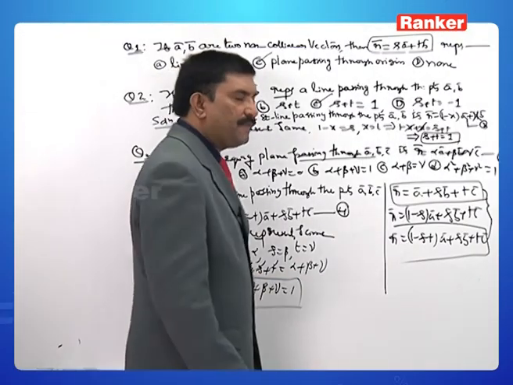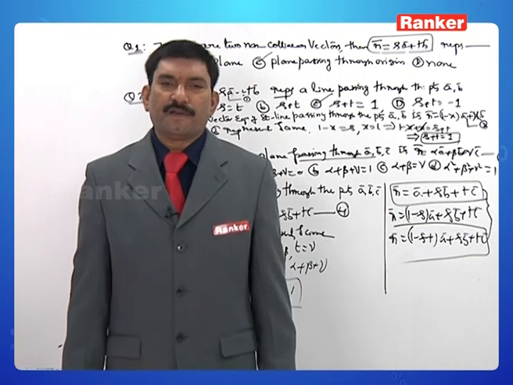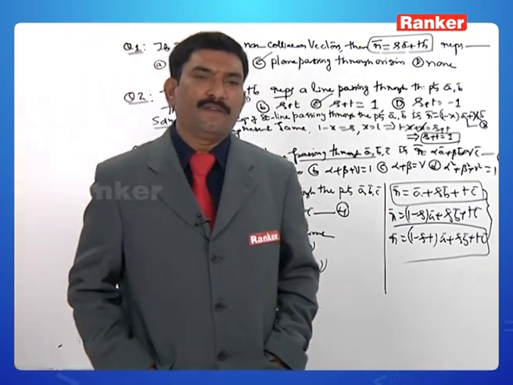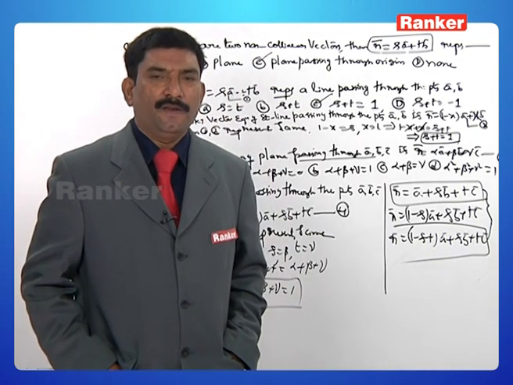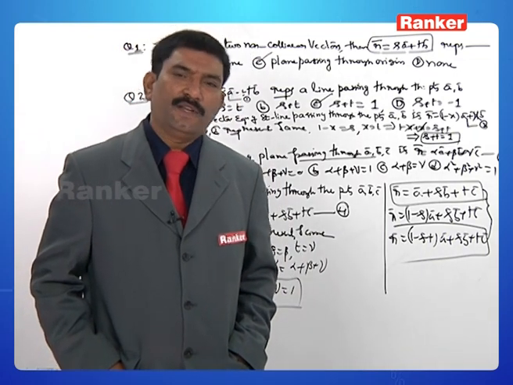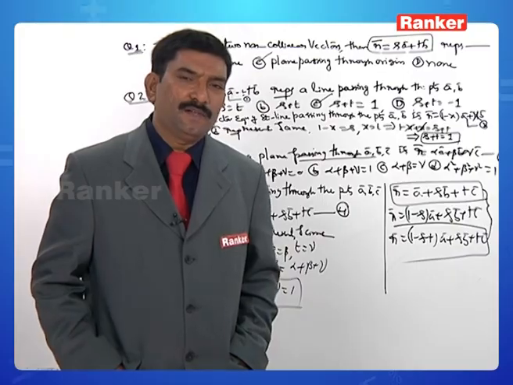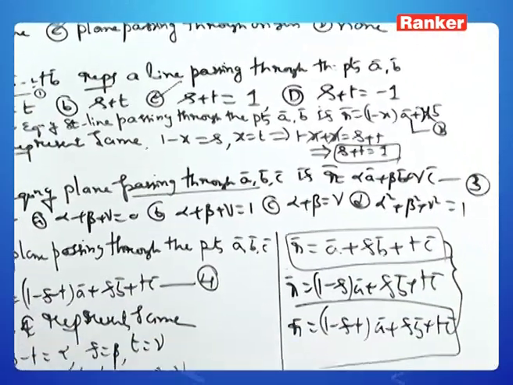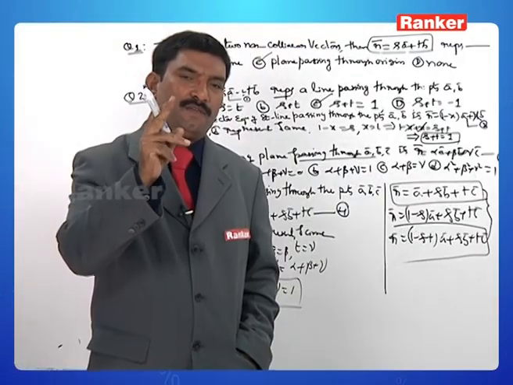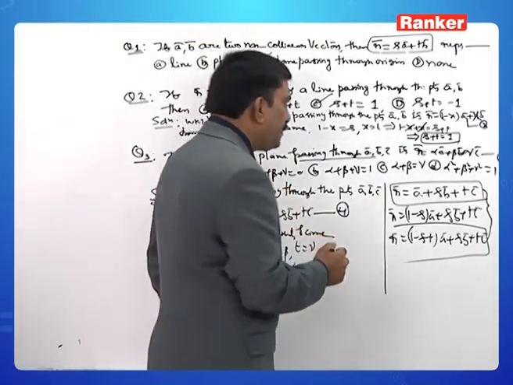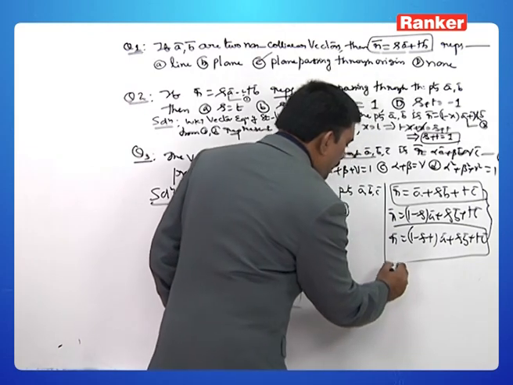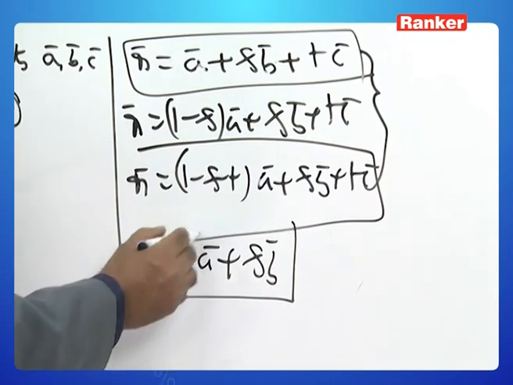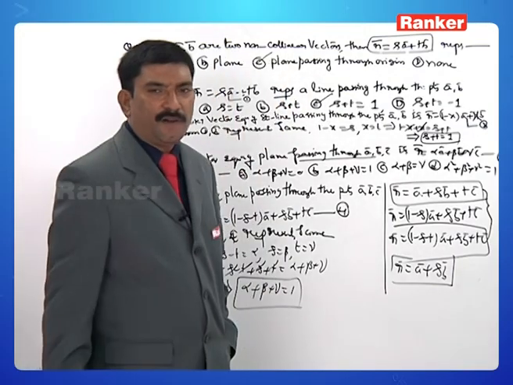These are the different situations you come across under the vector equation of a straight line and the vector equation of a plane. Yes, students, we come across two vector equations of straight lines. 1, the vector equation of a straight line passing through the point A bar and parallel to vector B bar is R bar is equal to A bar plus s B bar.